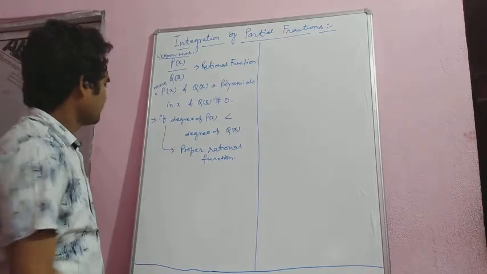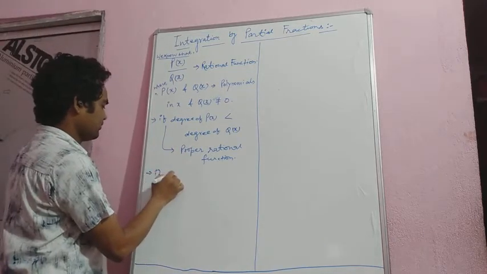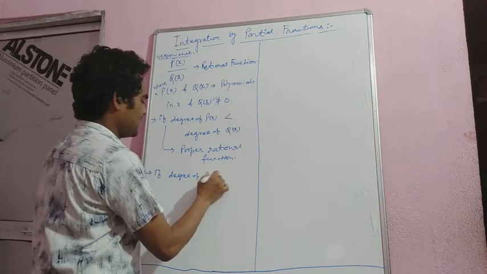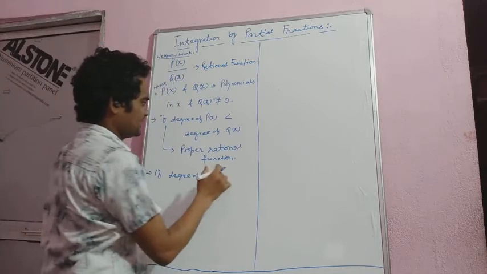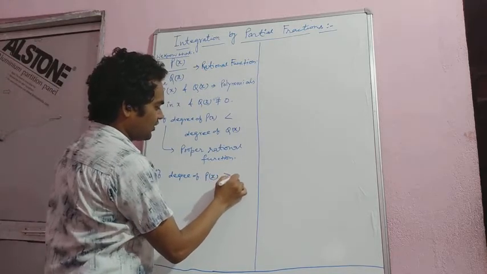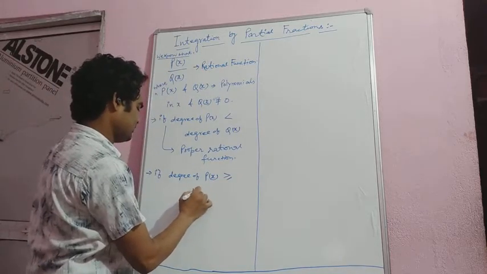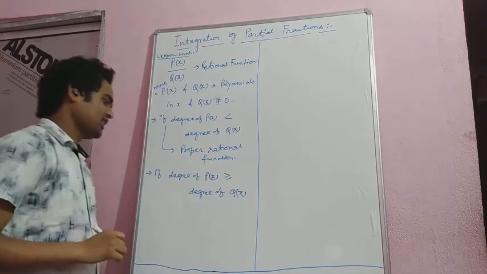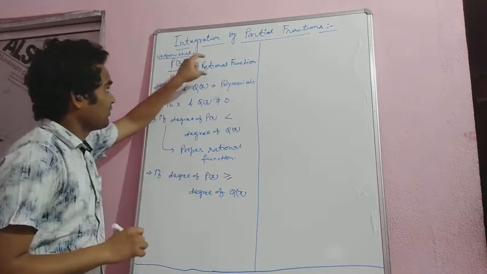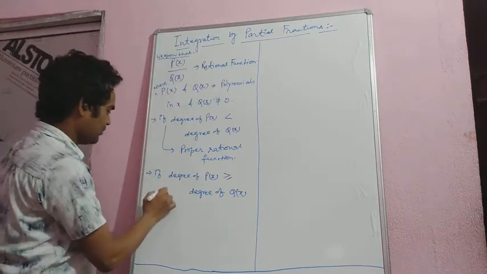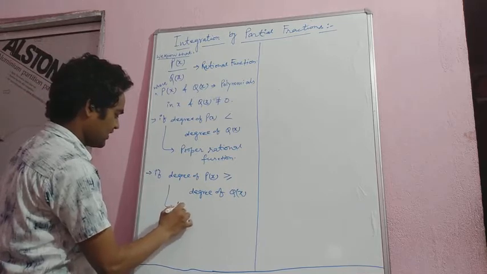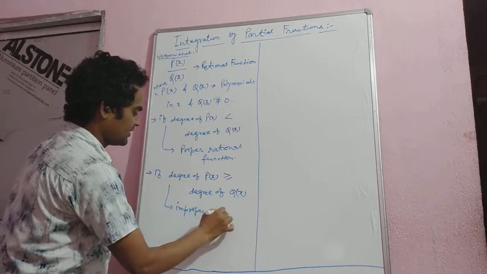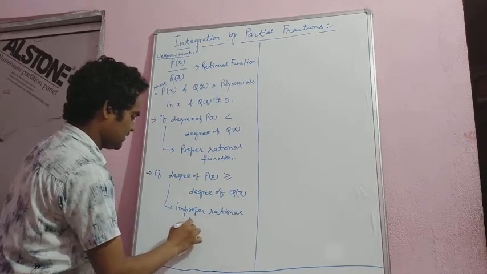If the degree of p(x) is greater than or equal to the degree of q(x), then such a rational function is called an improper rational function.